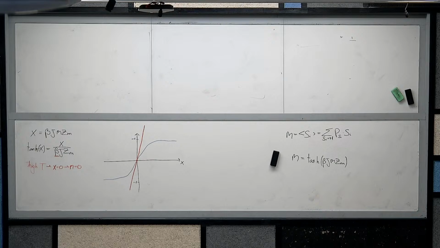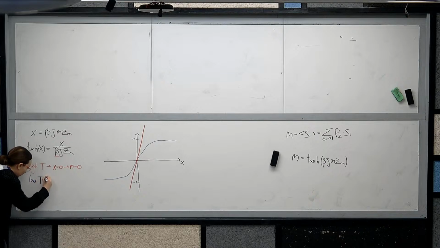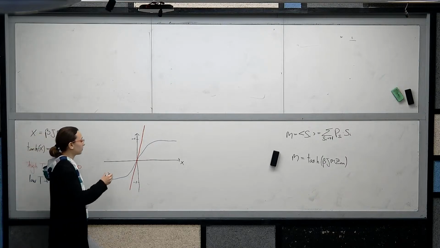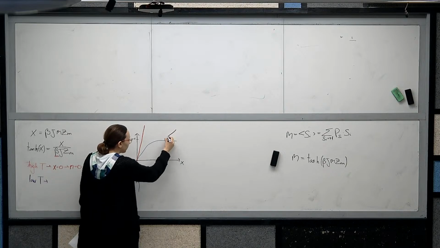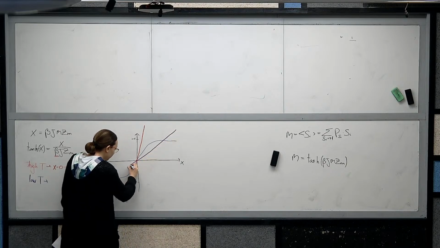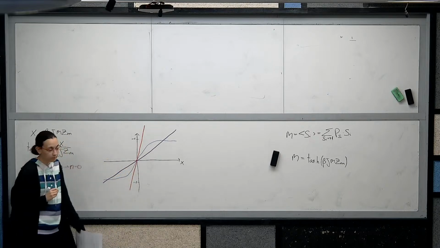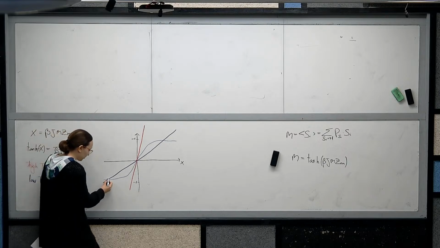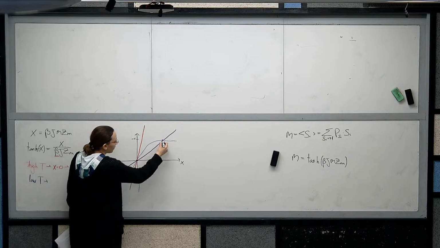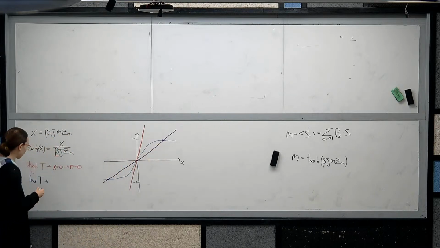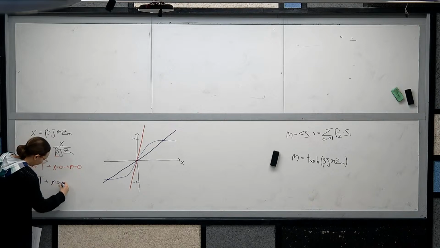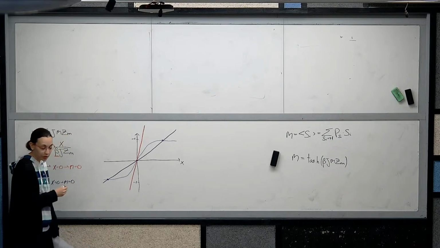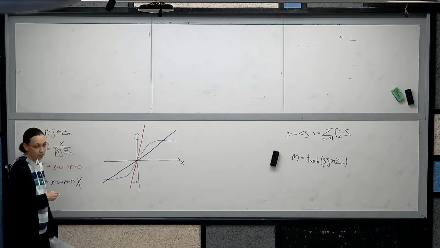What happens for low T's? Okay, so we get, let's say, something like this. Now we have 3 solutions for this type of T's. Okay, so we have m equals 0, but this will be a non-physical solution, so we don't use this solution.